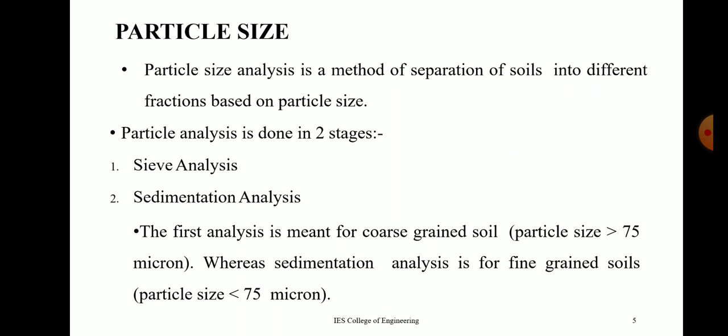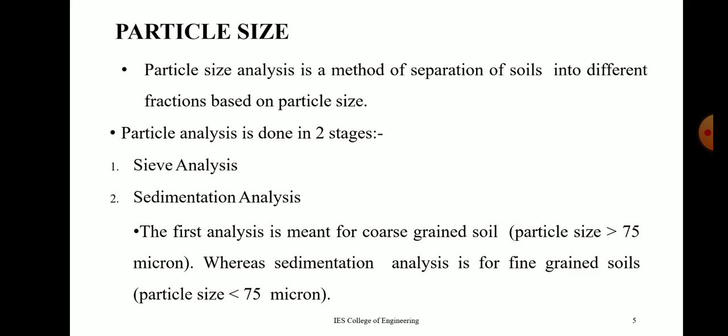Particle size. Particle size analysis is a method of separation of soils into different fractions based on particle size. Particle analysis is done in two stages: sieve analysis, also known as dry sieve analysis, and sedimentation analysis or hydrometer analysis, also known as wet sieve analysis.